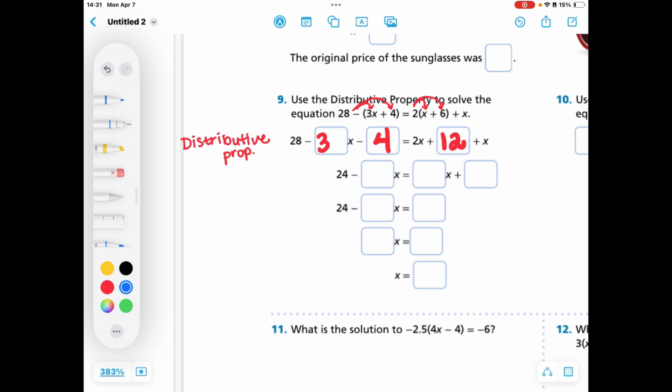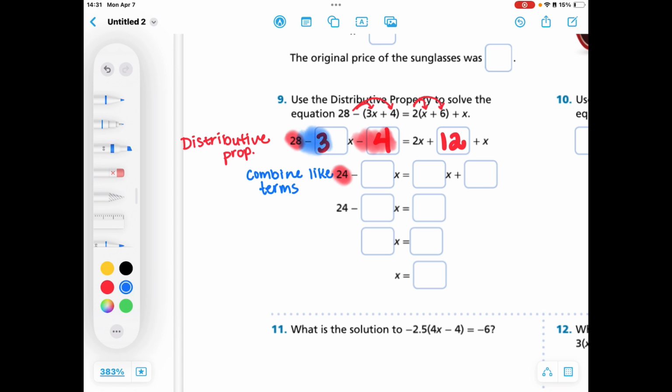This second step, it looks like they're just combining like terms. So with the combining like terms, they said, okay, 28 minus 4, that gives me a 24.